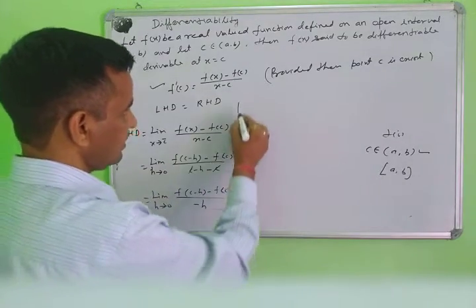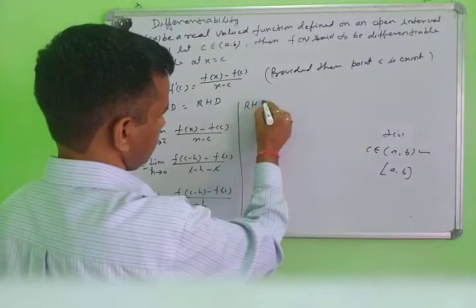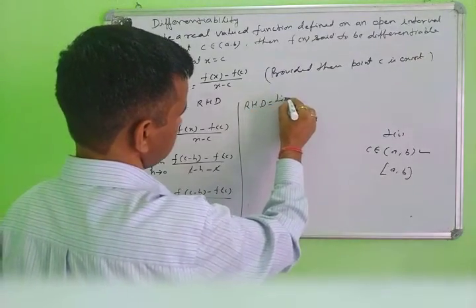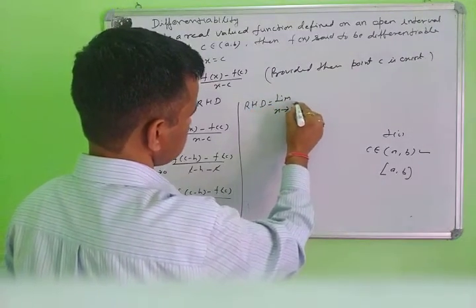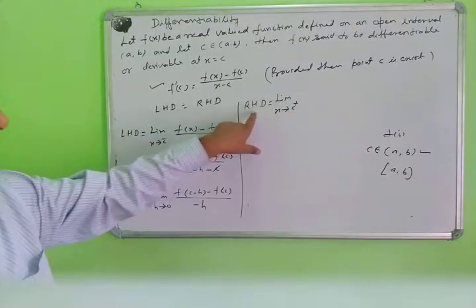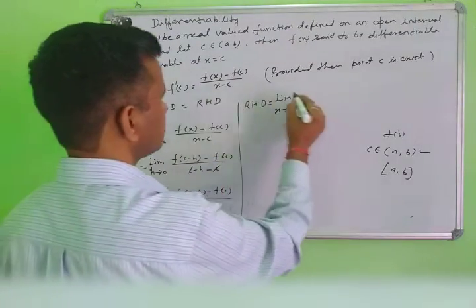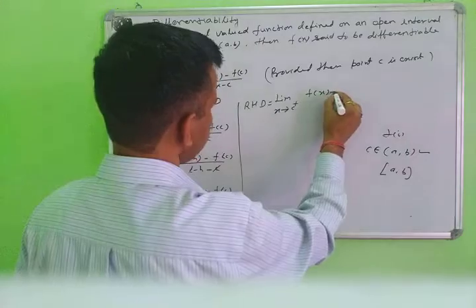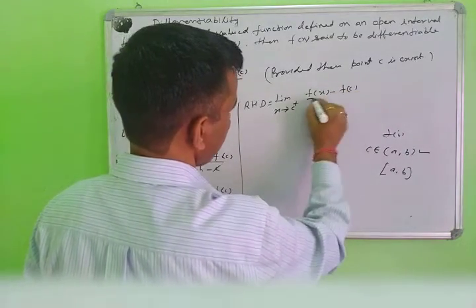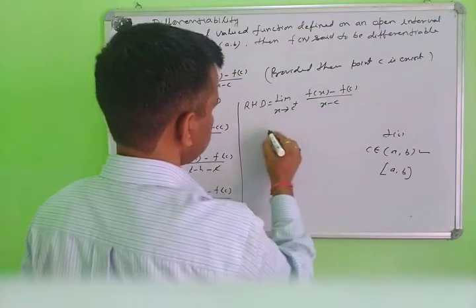Similarly, the right hand derivative: the limit as x tends to c plus, the positive sign representing the right hand derivative, of the same function f(x) minus f(c) upon x minus c.